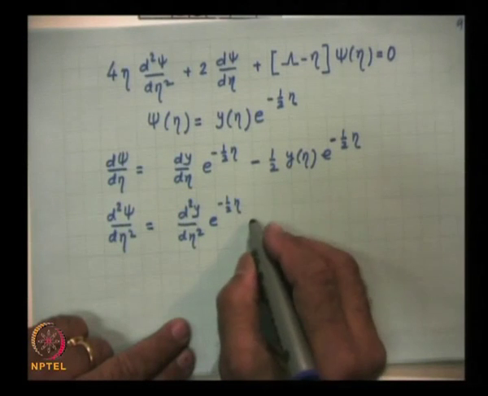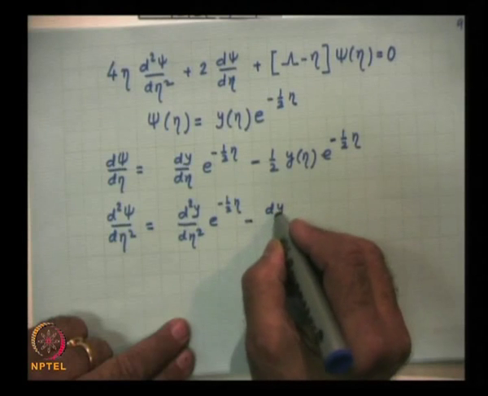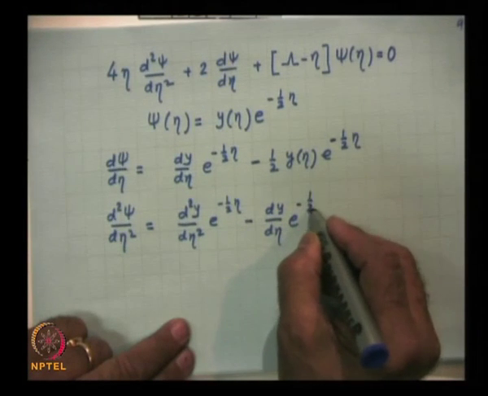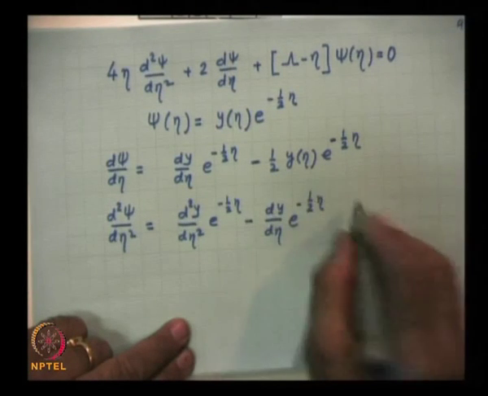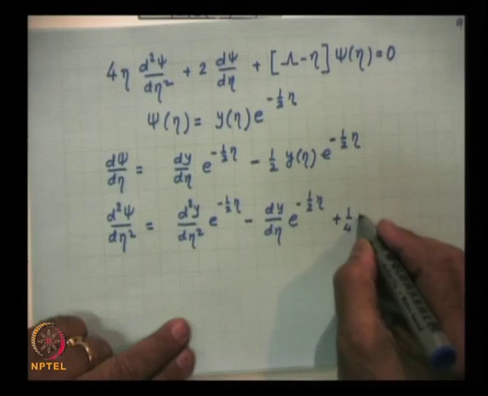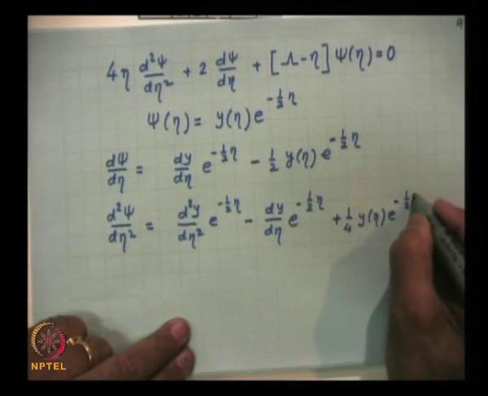So, those two terms will be equal, as I am sure all of you would know. So, you will get minus dy by d eta e to the power of minus half eta, and then if I differentiate this term again, I will get minus half. So, plus 1 by 4 y of eta e to the power of minus half eta.